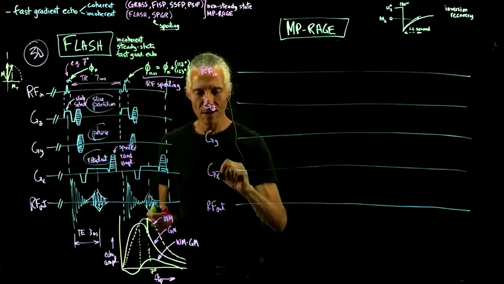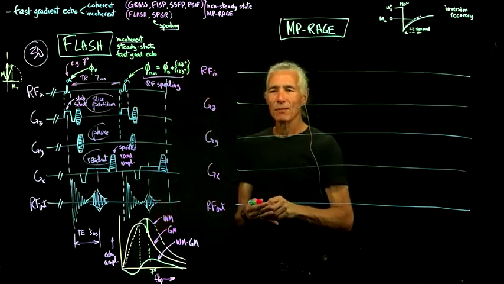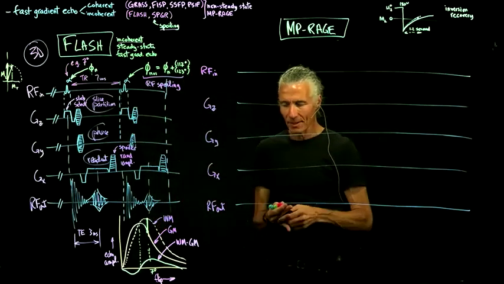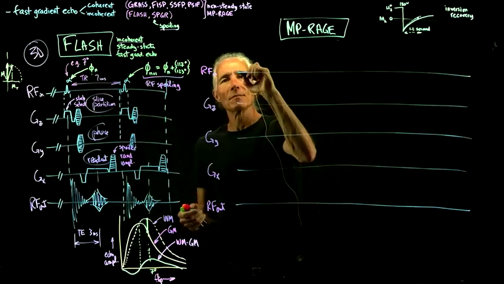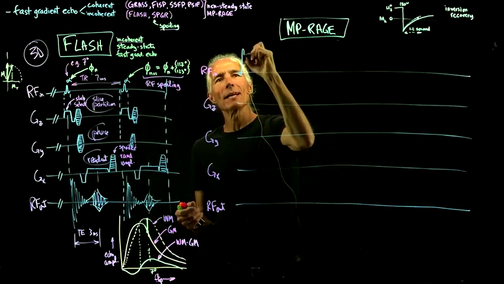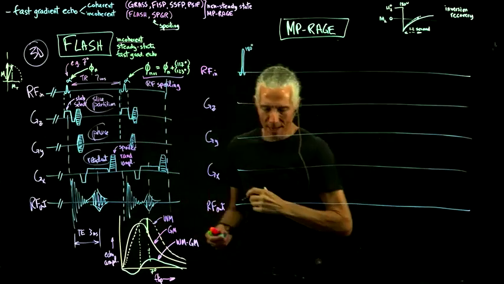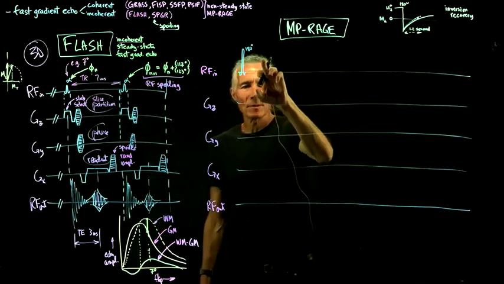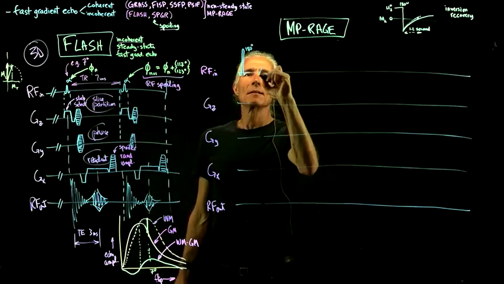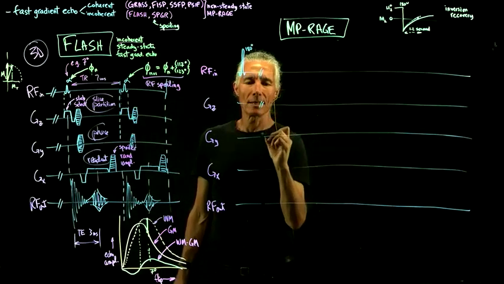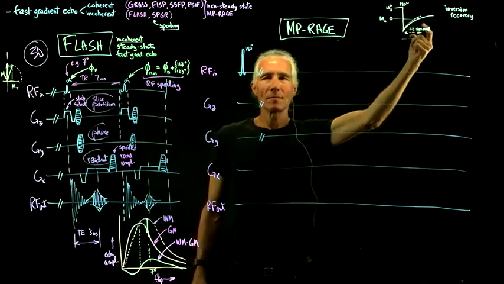So the first thing we do now is an inversion pulse. If we haven't recorded any data, we do a 180. Since we're going to have a gap in time, like a second, that's waiting for some recovery to occur.